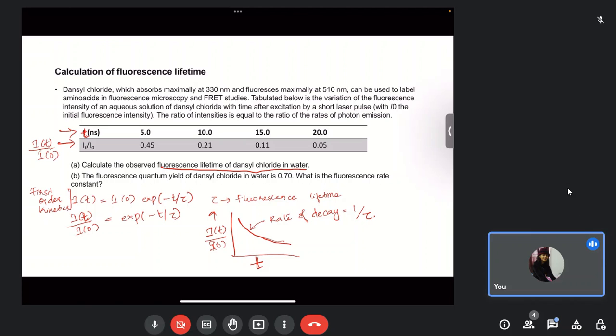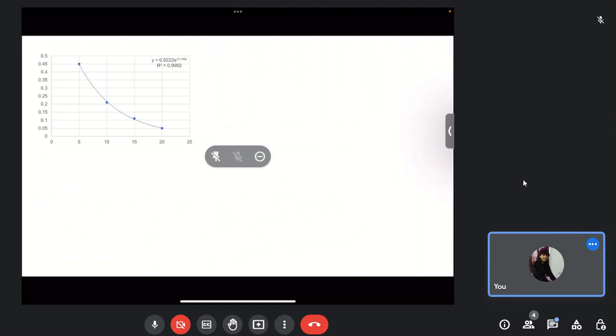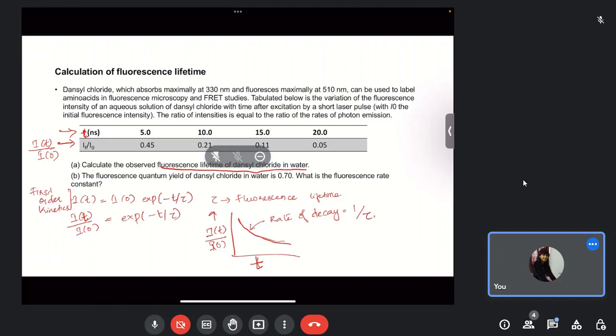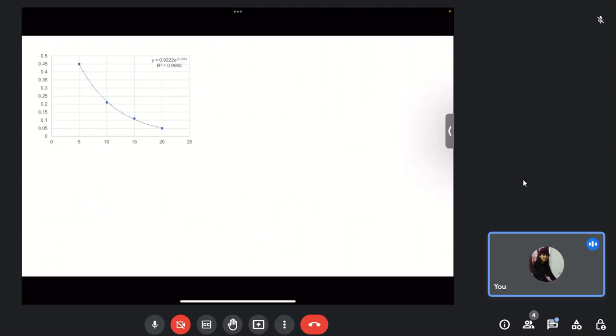I think there is some delay. So this is where it is. This is t in nanoseconds, and this is I_F(t) divided by I_F(0). This is the equation that it is fitting to.